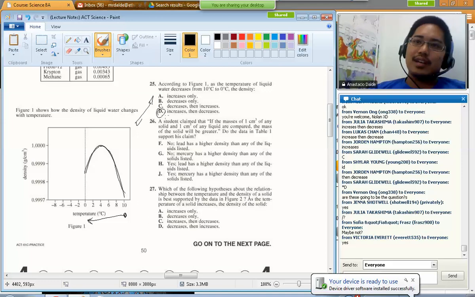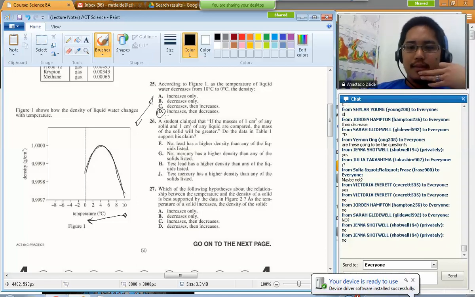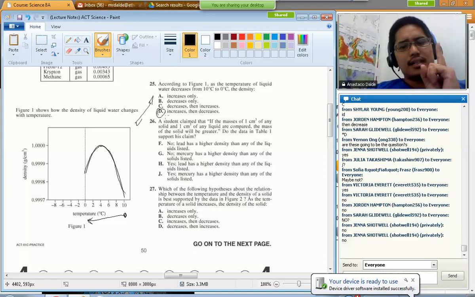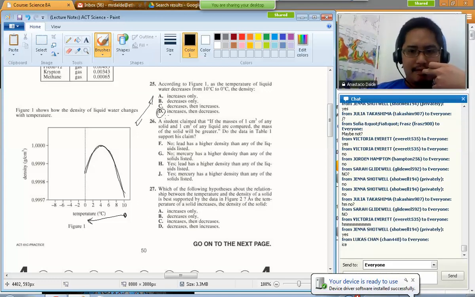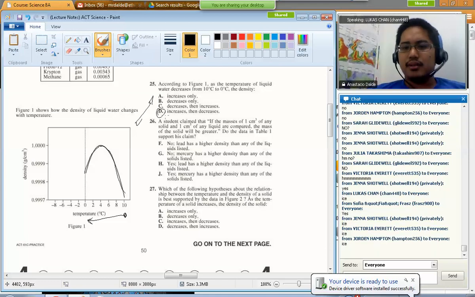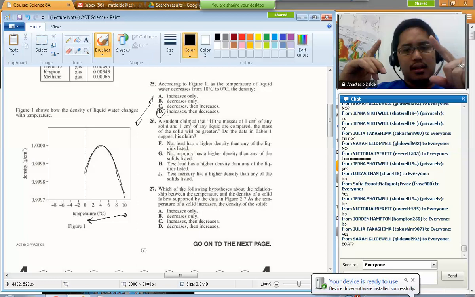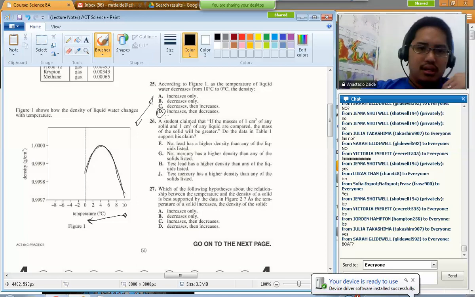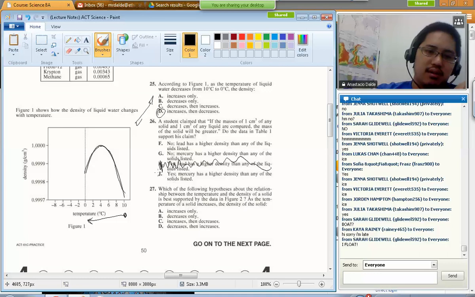Can you think of any situation where a solid is actually lighter than a liquid? Can you think of any solid that floats? Wood floats. Ice floats. So therefore, this is not true. The student is wrong.